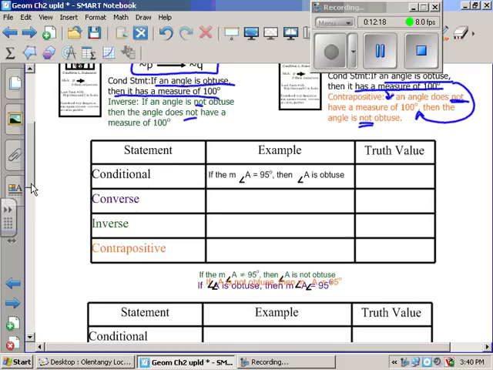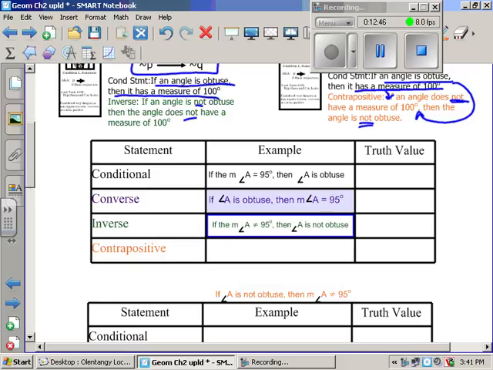So if angle A is obtuse, then the measure of angle A is 95. So that's this one. The inverse, which just leaves it in the same order but makes it negative, would be if the measure of angle A is not 95, then angle A is not obtuse. And that would be that one.